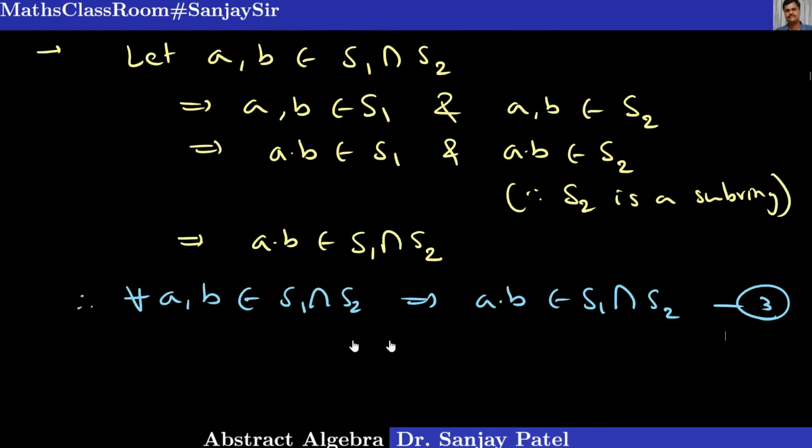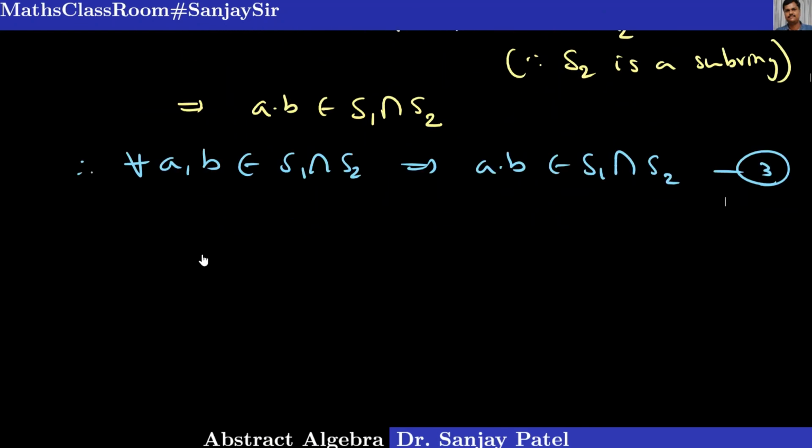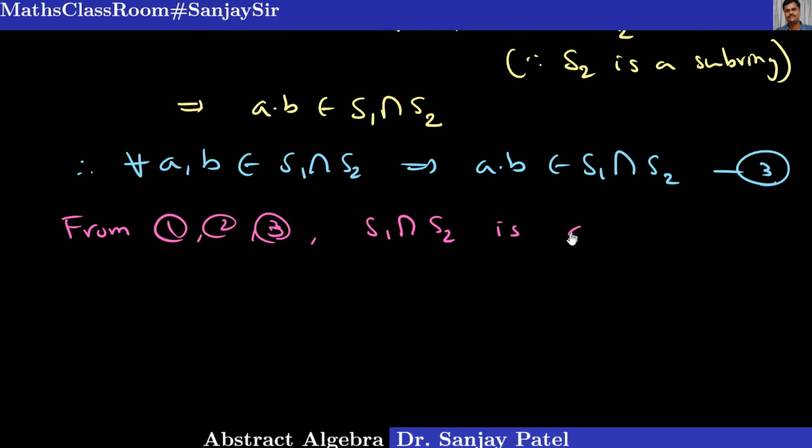And the third condition says it is closed with respect to multiplication. So from 1, 2 and 3, we have S1 intersection S2 is a subring of R. So what I have proved is the intersection of any two subrings is always a subring.